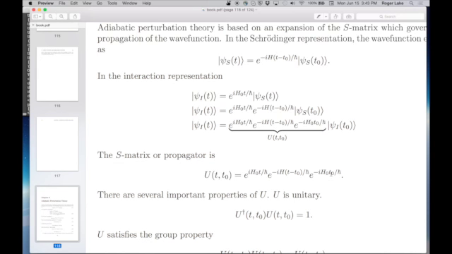If I dagger it, this gets moved over to this side, and I multiply, and all the signs and the exponents are going to cancel each other. So U dagger(t,t0) times U(t,t0) gives you 1. So it's unitary. U dagger is the inverse of U.